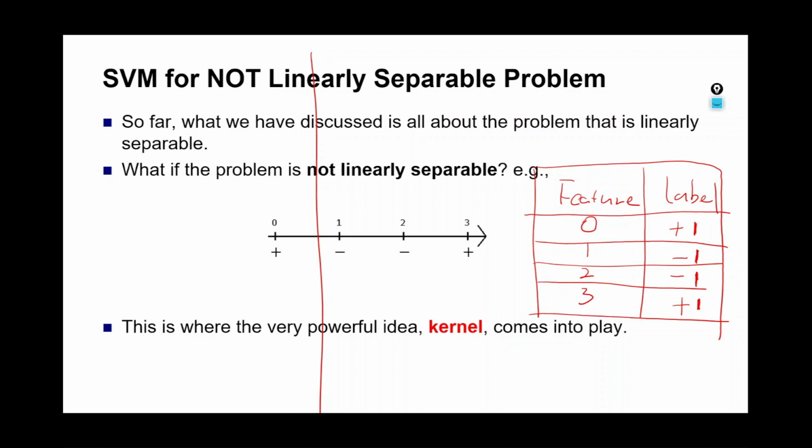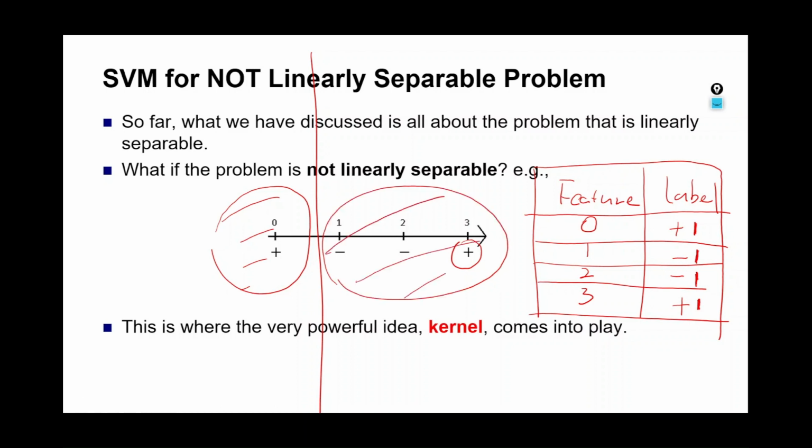You can, but you have one sample that is wrongly classified. This positive and this positive should belong to the same class. On the left hand side this is one class, and on the right side this is one class, but this is not the case because clearly we got one sample wrongly classified.